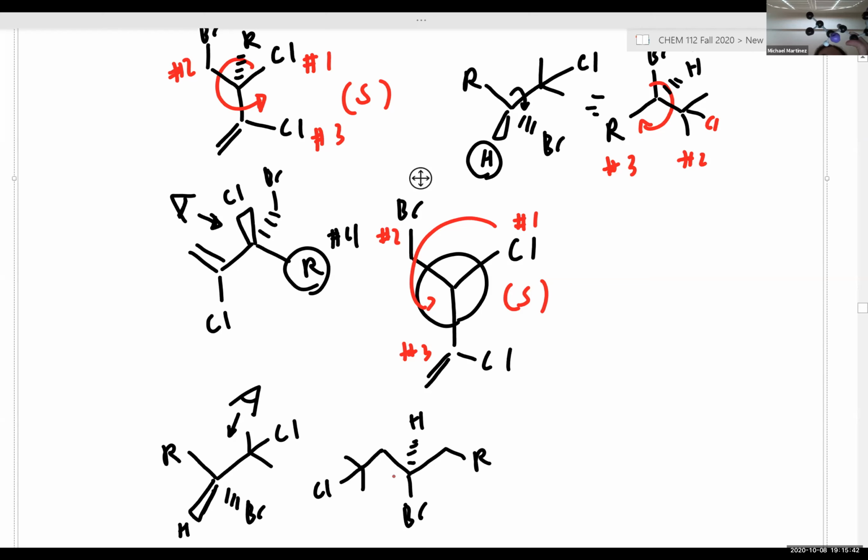So tracing from the highest to lowest priority, that in turn gives us an R configuration. Does everyone see that? How we just viewed the molecule from the opposite side?